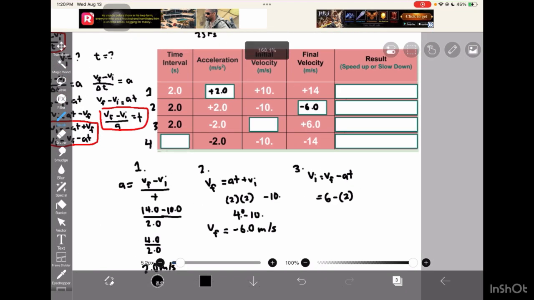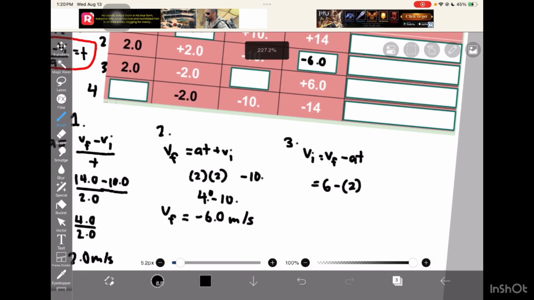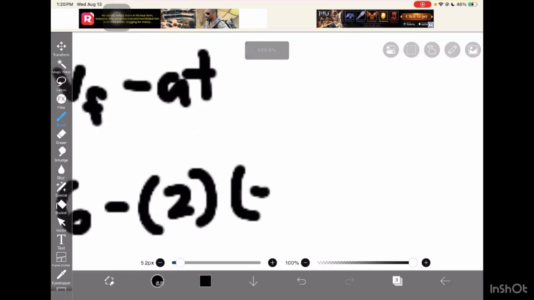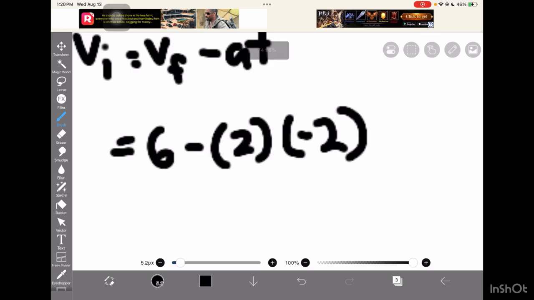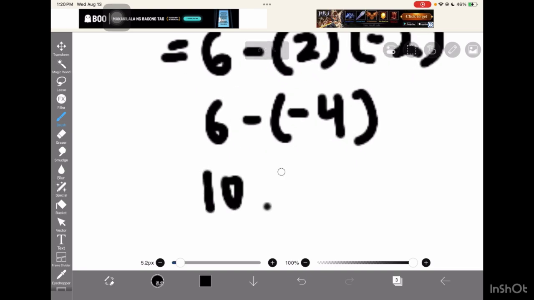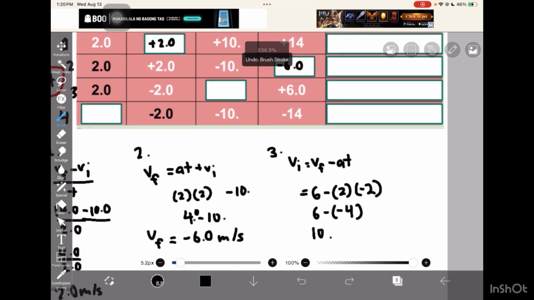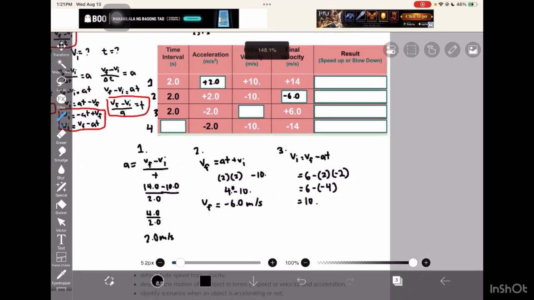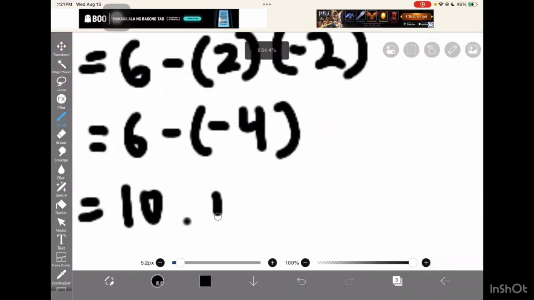And the acceleration is negative 2. So that becomes 6 minus negative 4, which is actually just 6 plus 4. So that's 10 meters per second.